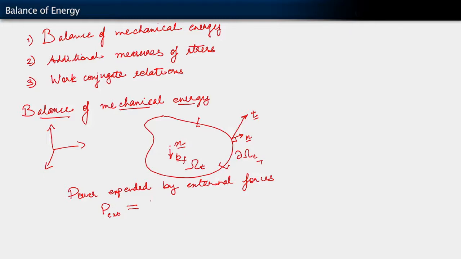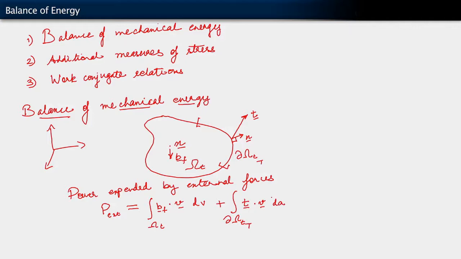So we have the integral over omega t of Bf dotted with v, the spatial velocity, integrated over the volume, plus the boundary traction T dotted with v dA.